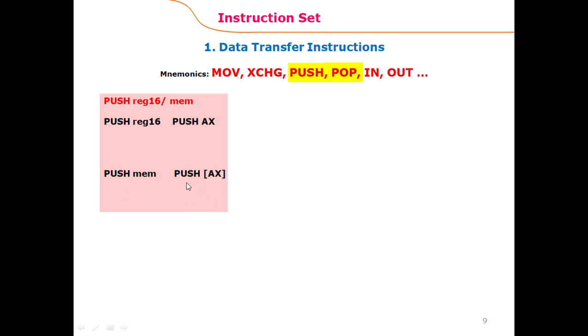The rest of the address calculation for the stack is similar to the memory address calculation used in the push instruction. But the difference between these two instructions is that here the 16-bit content from the X register is stored onto the top of stack, but here the 16-bit content from the data segment memory location addressed by the offset address in X is stored onto the top of stack segment.